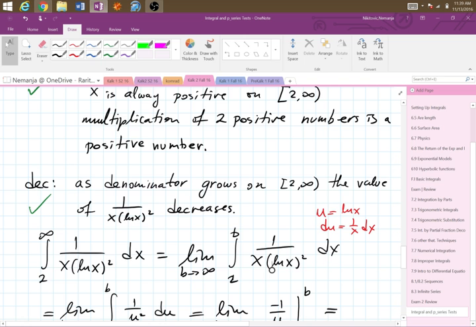In this particular case it was easy because it was 1 divided by some kind of function that is increasing. Because both x and ln x are increasing functions, when you divide a number by a larger number, the value decreases as the denominator grows. So that was a very fast way to show how this function is also decreasing.